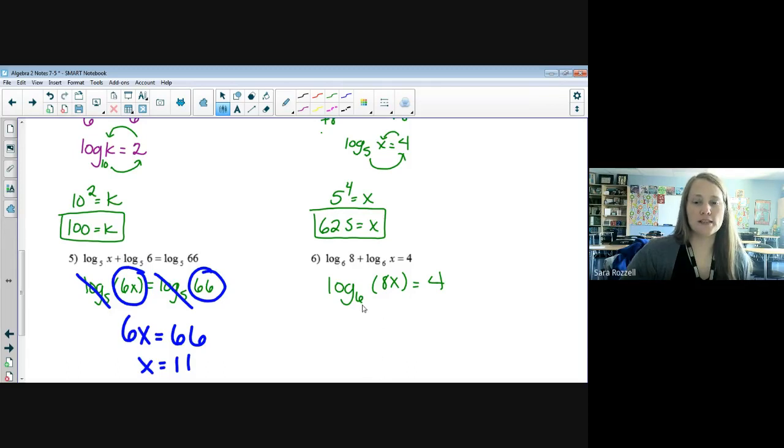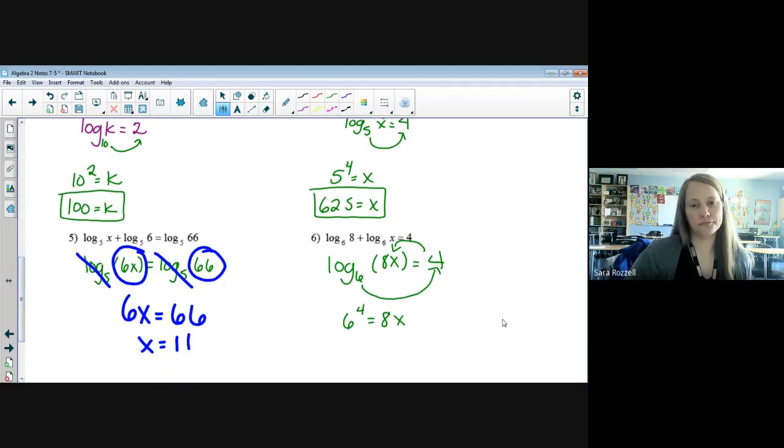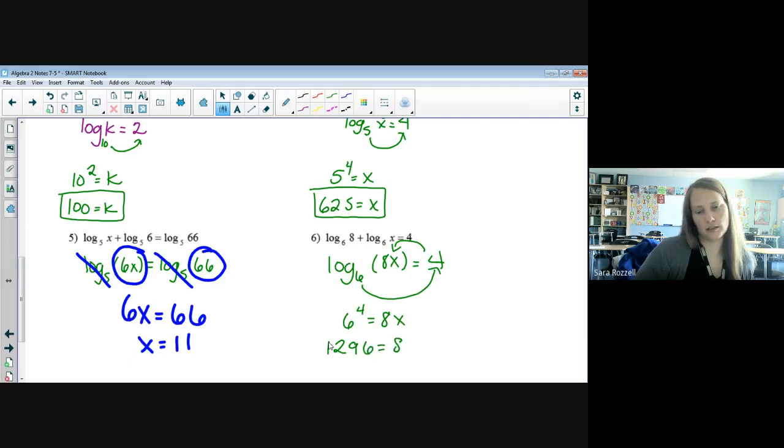The base is 6. It's raised to the 4th, and that equals 8x. So 6 to the 4th equals 8x. So you evaluate 6 to the 4th, and then we'll solve for x. So 6 to the 4th is 1,296.